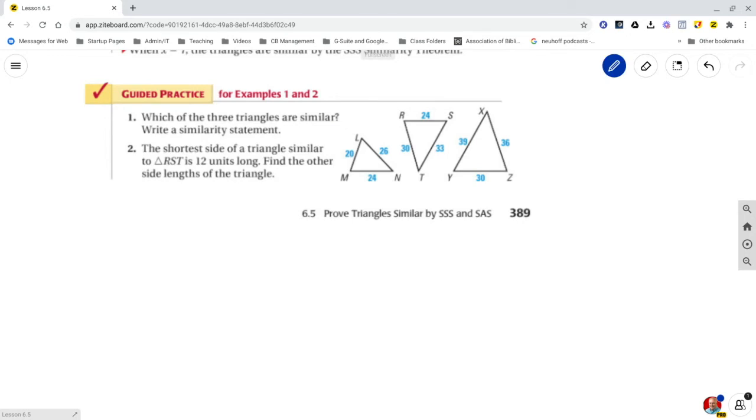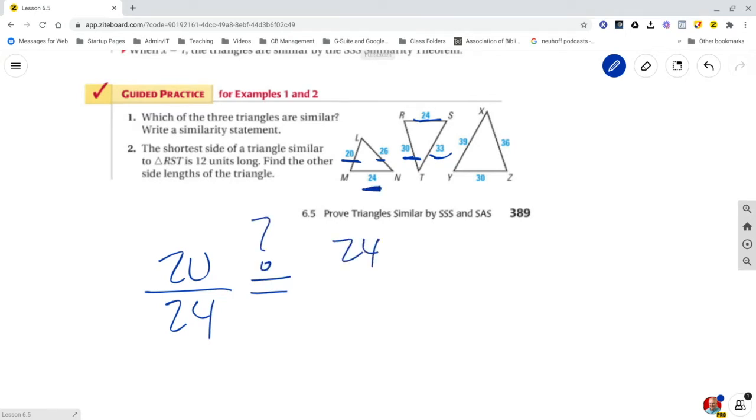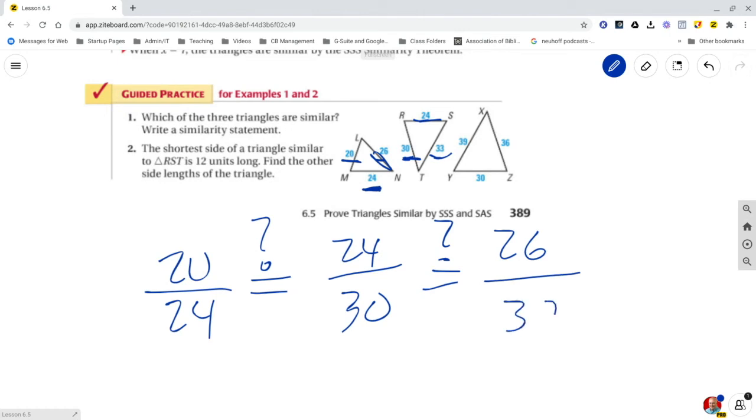I would use that same approach for these examples. I've got a short side, a medium, and a long, and I've got a short and a medium and a long. So I would start with my two short sides, 20 and 24. And then I have to see, is that going to be equal? We'll do our medium sides next, 24 to 30. And is that going to be equal to my longest sides, 26 to 33.